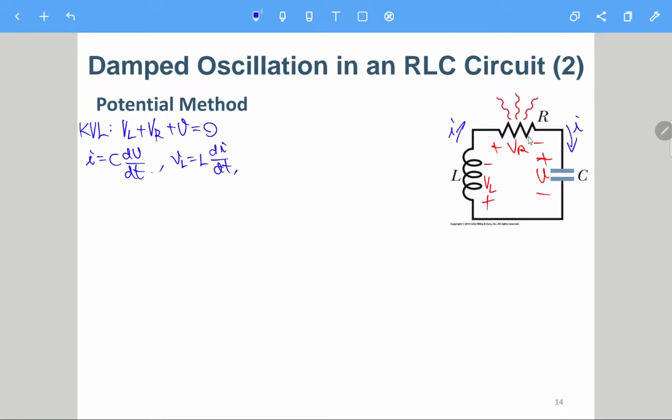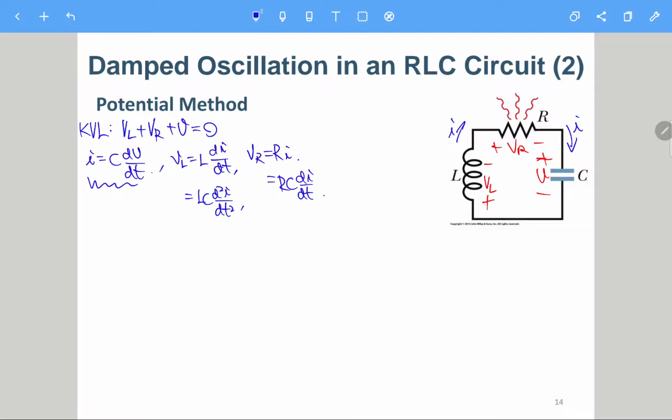And of course, for the resistor, it only needs to follow Ohm's law, which is the easiest one, VR equals R times I. And of course, we can just plug this into here. So we have LC d²I/dt², and then for this one, we have RC dI/dt.